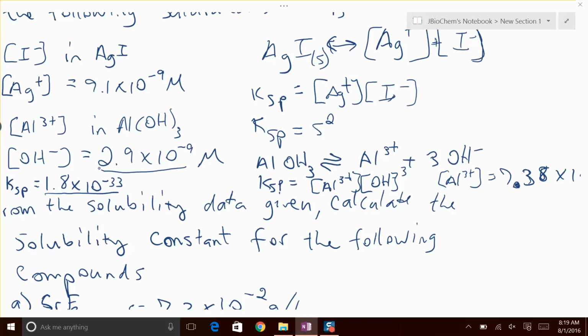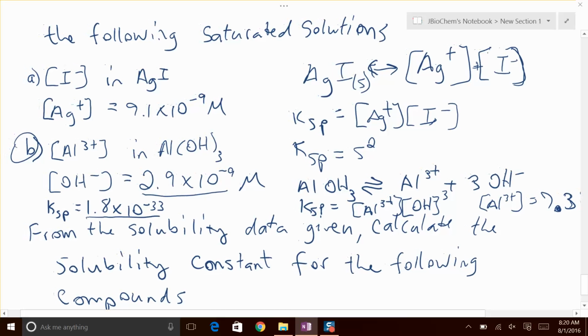Okay, so those are pretty basic. You can look up the KSPs from the chart. You can find the concentration and everything. We could have done that here as well. If we would have looked up the KSP for the first one, we could have divided it by 9.1 times 10 negative 9, and we should get 9.1 times 10 negative 9.